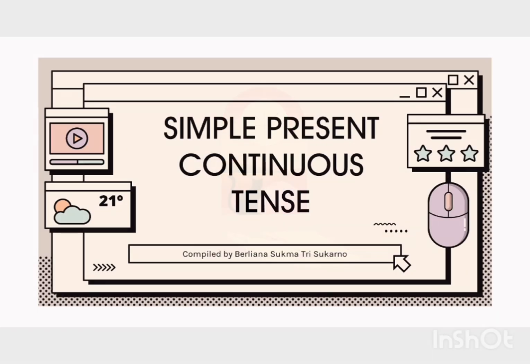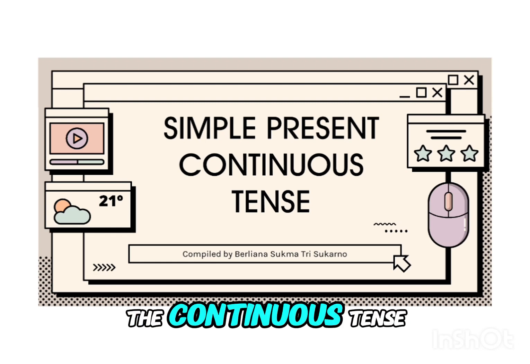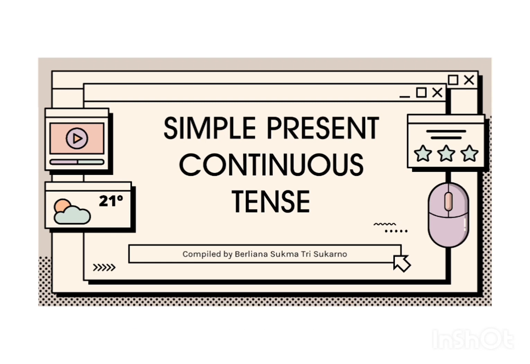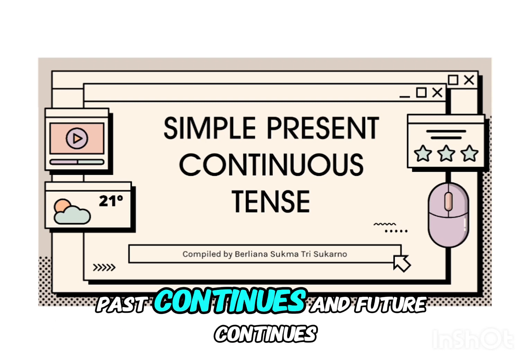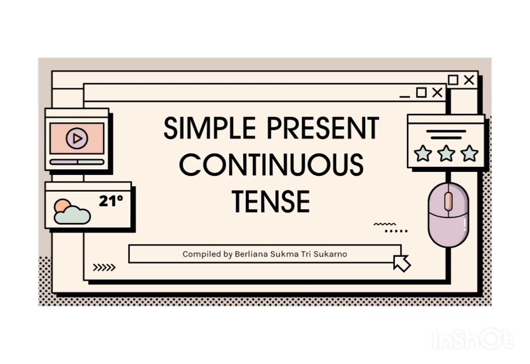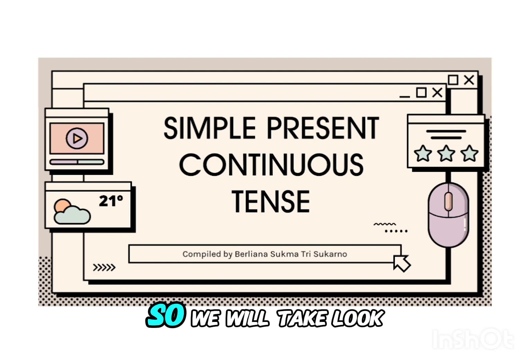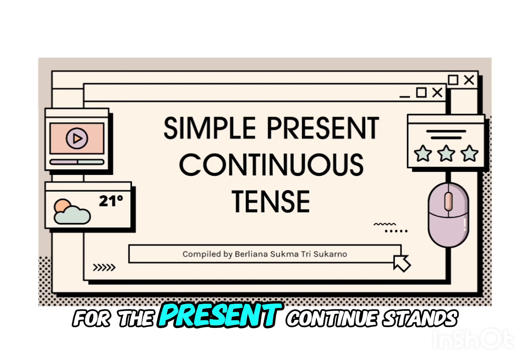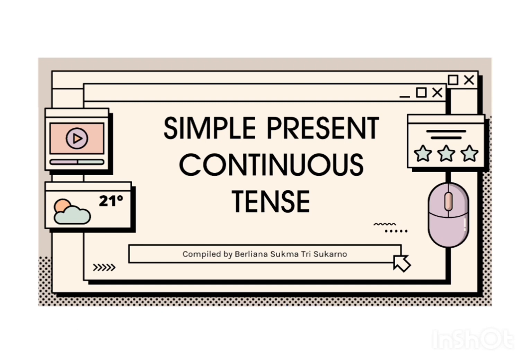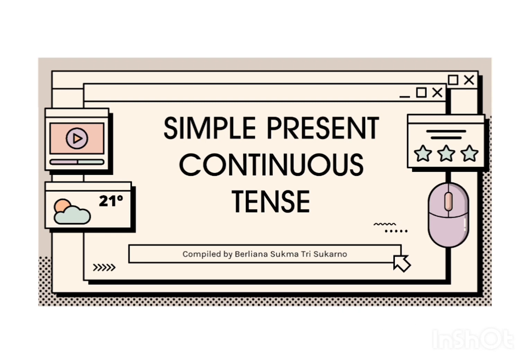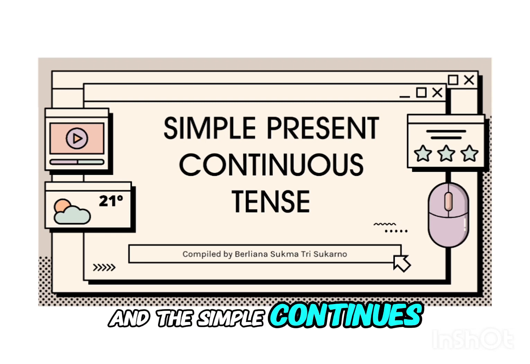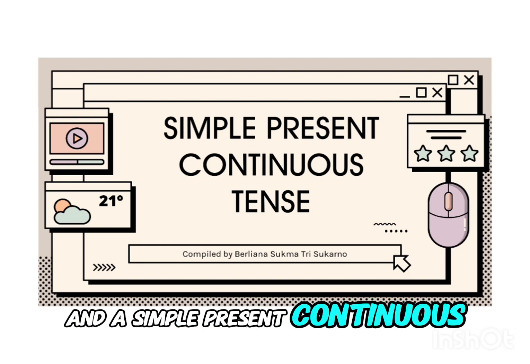Hello. So as we know about the continuous tense, there are three parts: present continuous, past continuous, and future continuous. So we will take a look at the present continuous tense. As I explained before, you already know about the simple present continuous tense.